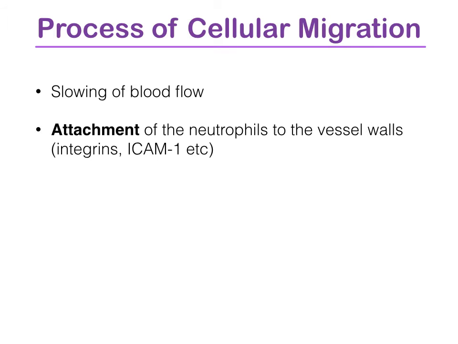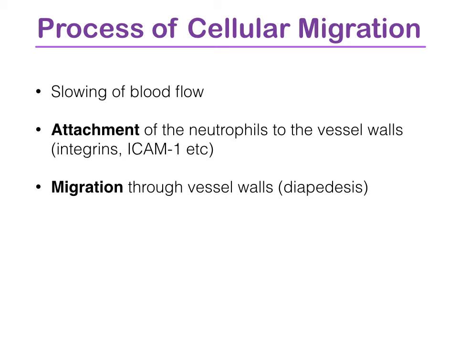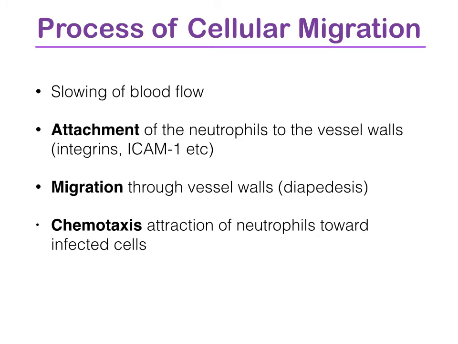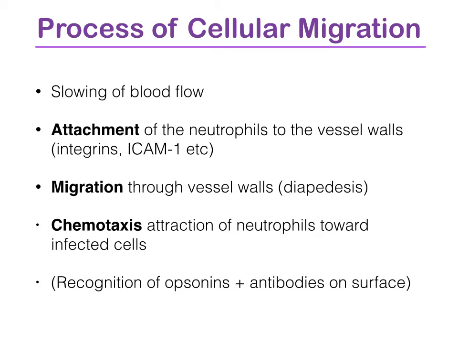So to sum all that up in a little slide, blood flow slows down, the neutrophils attach to the vessel's walls via the integrins and ICAM, etc. They then migrate through the vessel wall, which is called diapedesis, and then they wander over by a chemical diffusion gradient toward the infected cells.